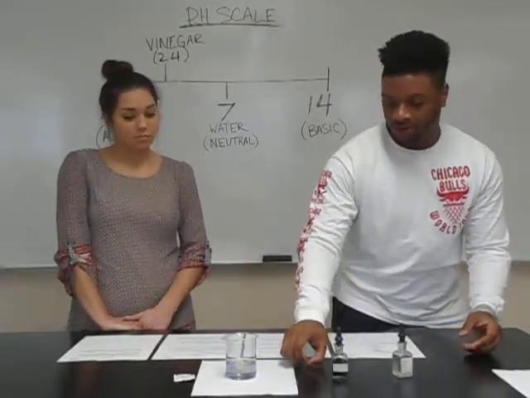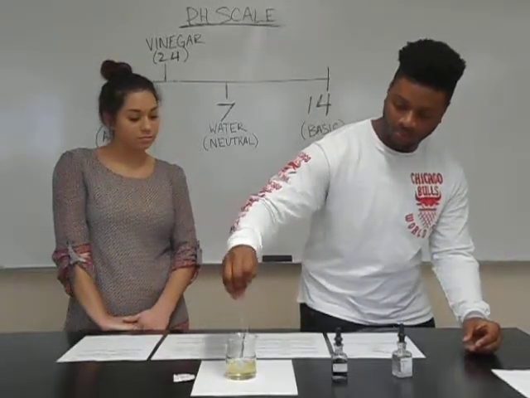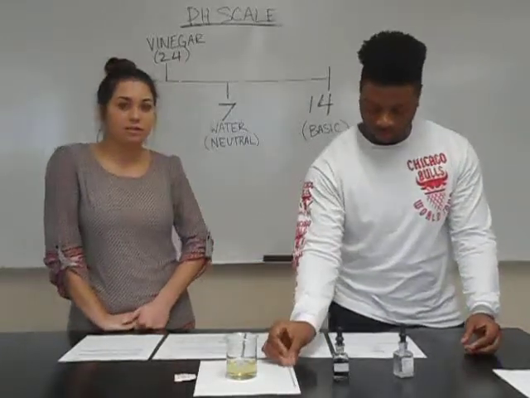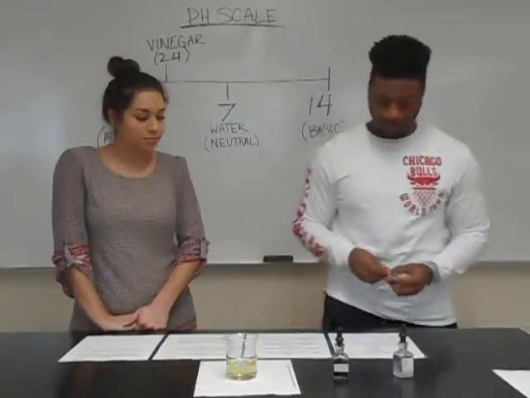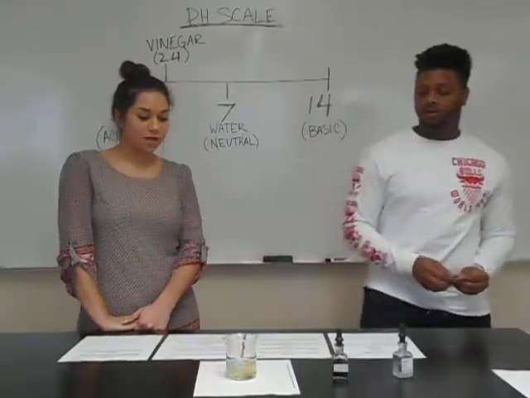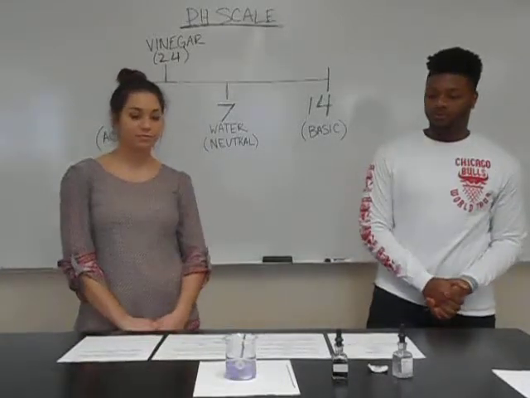We're just going to give it a stir to speed that up. Next we'll add our Alka-Seltzer tablet. And once you add it, the water will start to fizz and turn back to the blue color that we had before.